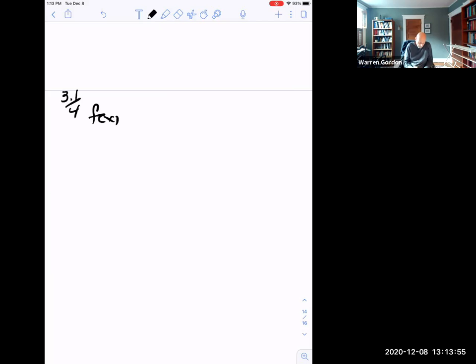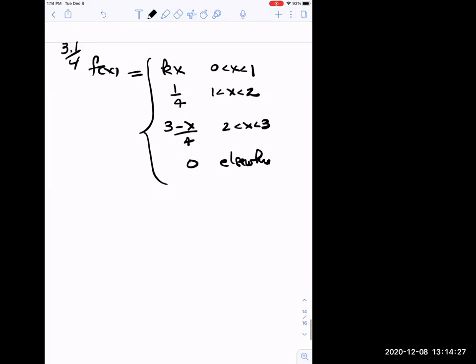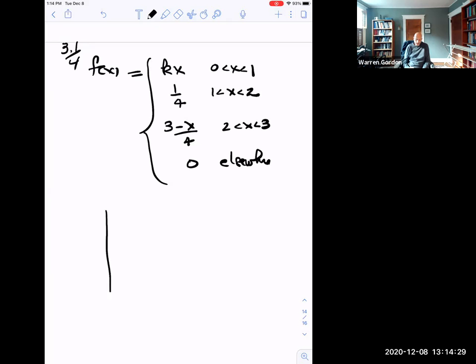We're given f of x is equal to k times x, 0 less than x less than 1, a quarter between 1 and 2, 3 minus x over 4 between 2 and 3, and 0 elsewhere. Okay. Let me observe that I don't know what k is.